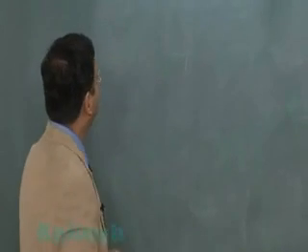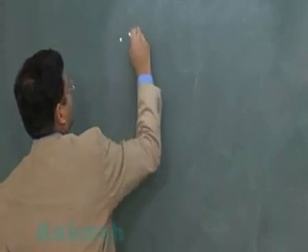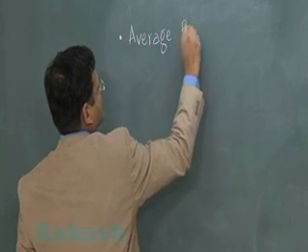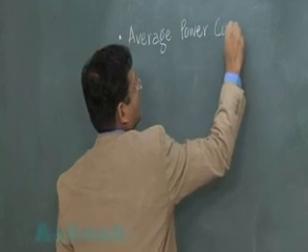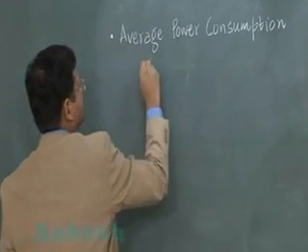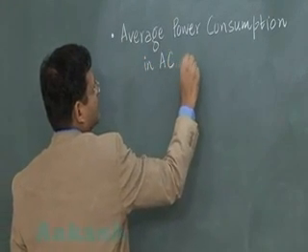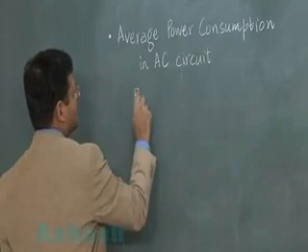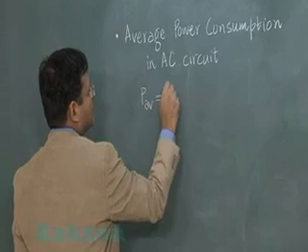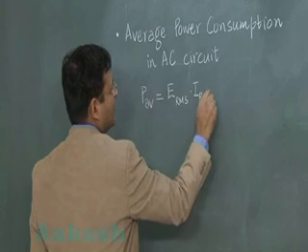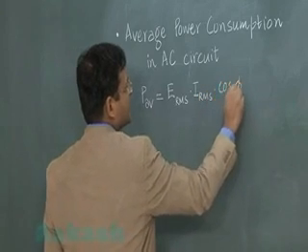In our concluding lecture of alternating currents, first we talked about the average power consumption in an alternating current circuit, for which you got the standard expression P average is equal to E RMS into I RMS into cos phi, and we had several discussions based on that.